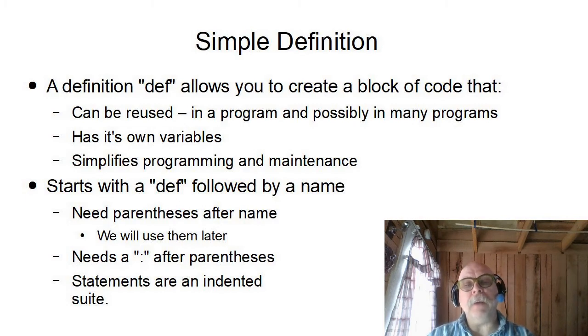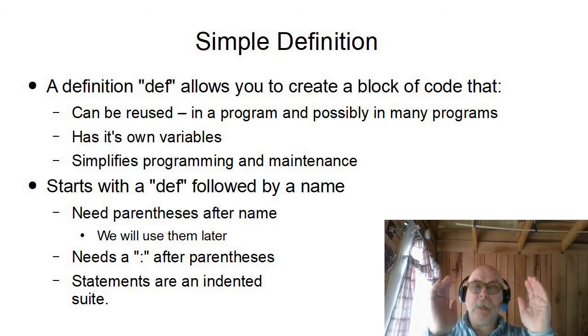To start a definition, you use the keyword def followed by the name of the definition, and then a set of parentheses, and we'll put some things inside those parentheses in later examples, followed by a colon. Then, like with the if statement and other statements that have suites, we indent the suite of code that belongs to the definition.